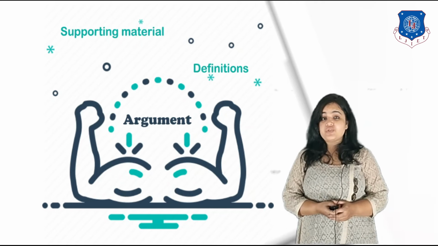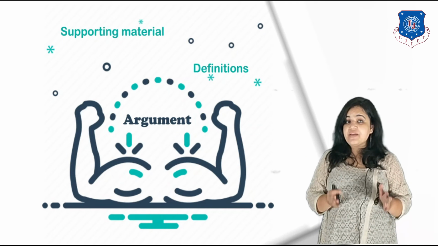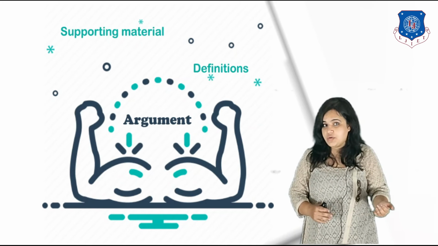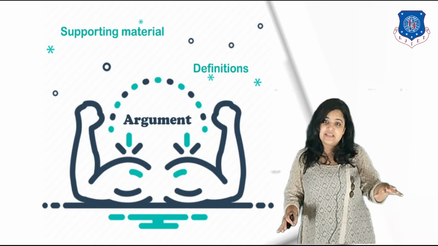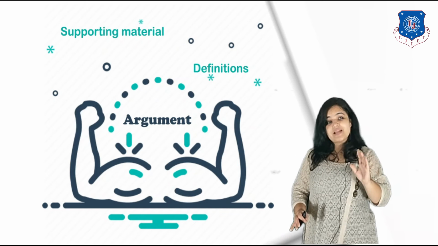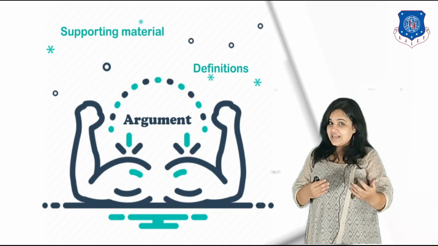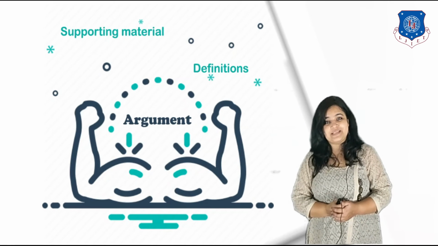First and foremost, include some definitions of difficult words. If there are some words which are difficult to understand for the audience, everyone sitting there would not be an expert, would not be equally intellectual. That is why, if there are some words which require more understanding, then it would be better to include definitions in your presentation.